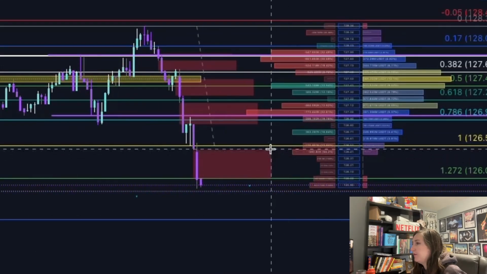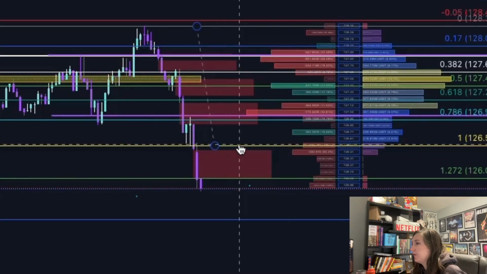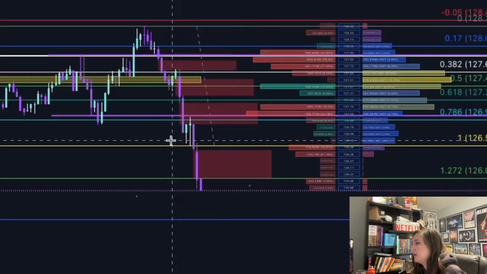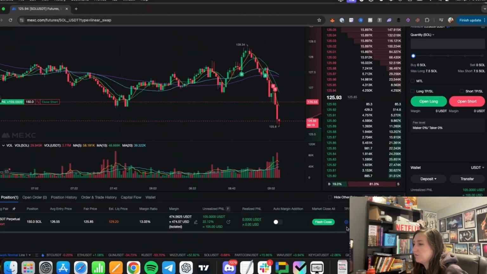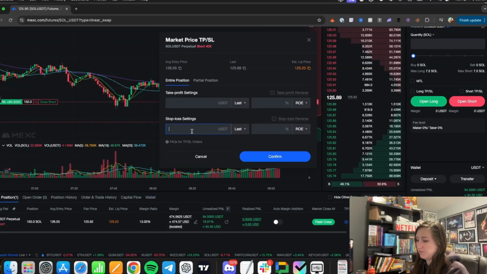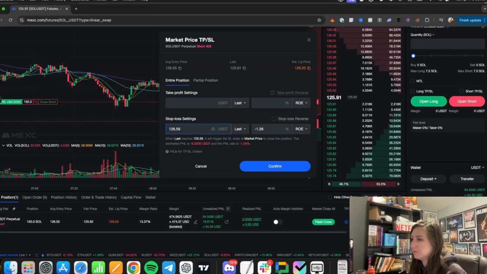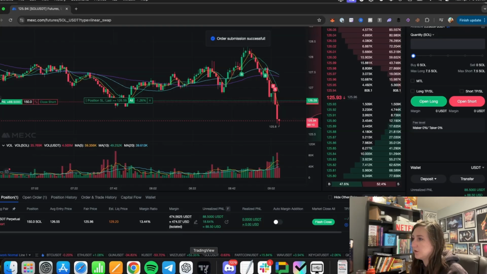If it breaks this fair value gap, I'm going to put my stop loss probably right above this candle here on this fair value gap candle. So 126.59. Otherwise, I'm just going to ride it down. And that'll be basically a break-even trade if it does break that.